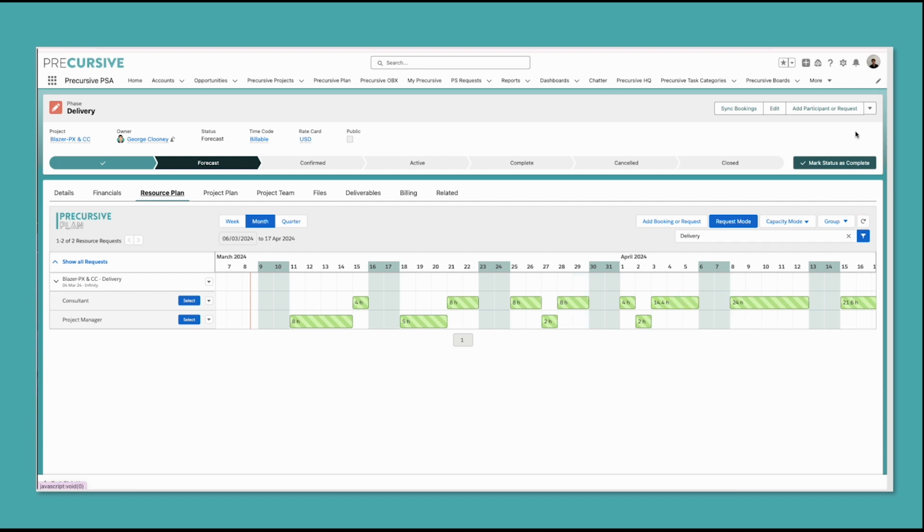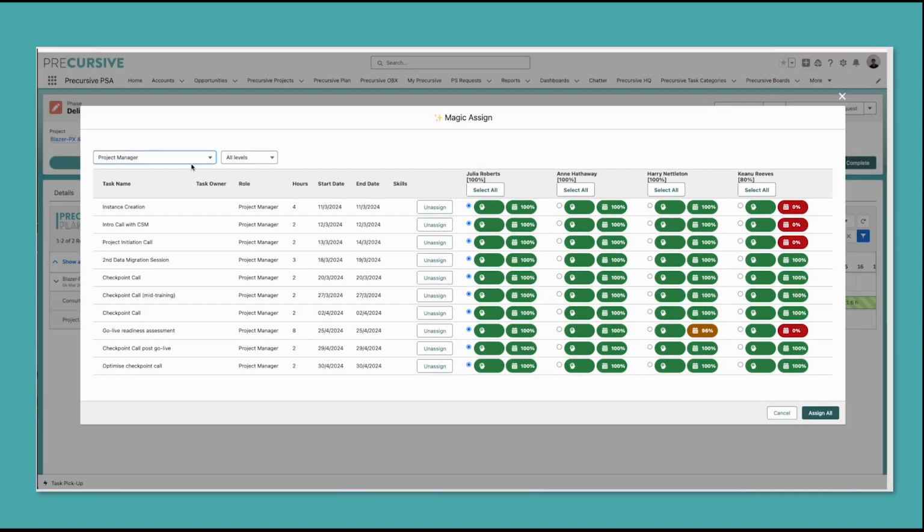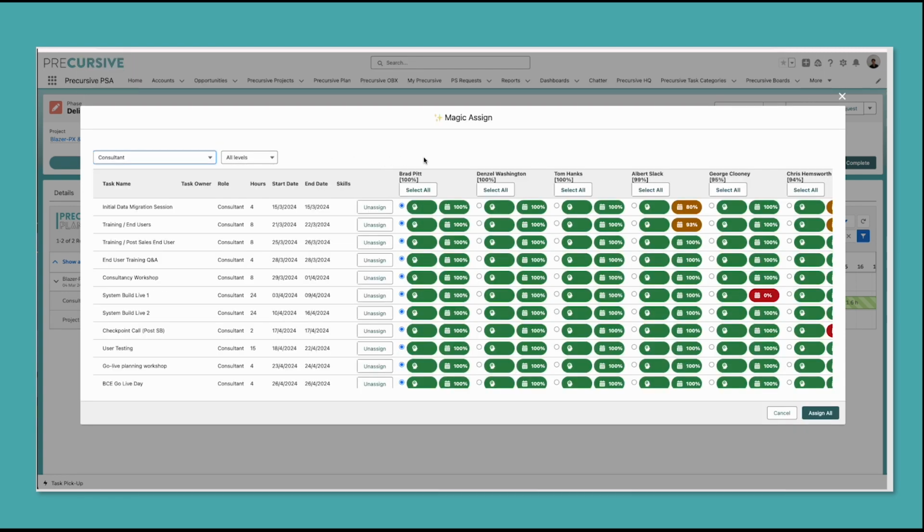So I can do some of that working out of people's availability and capacity, or I can come over here and say, look, I'm going to use this magic assign feature, which is going to help me figure out who the best fit is based upon skills and availability. In this example, it's showing me that Brad is the best fit, which is something we'd already seen.